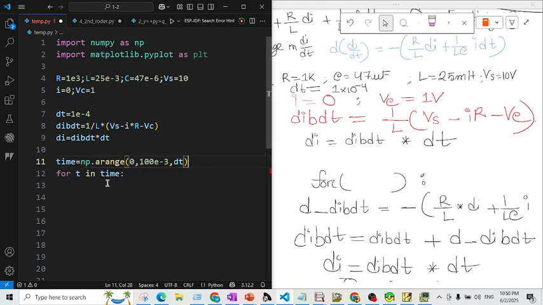Okay, so inside the for loop, first I need to make this di by dt.